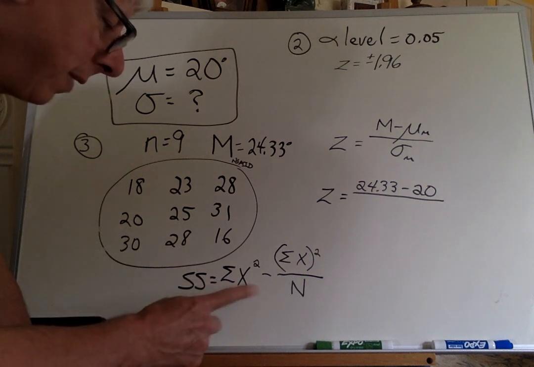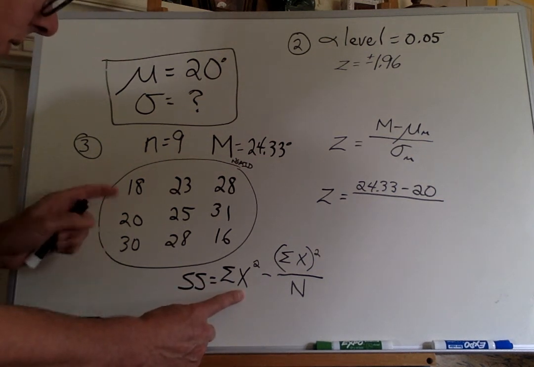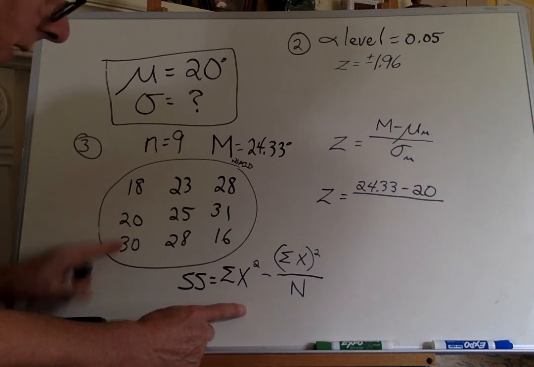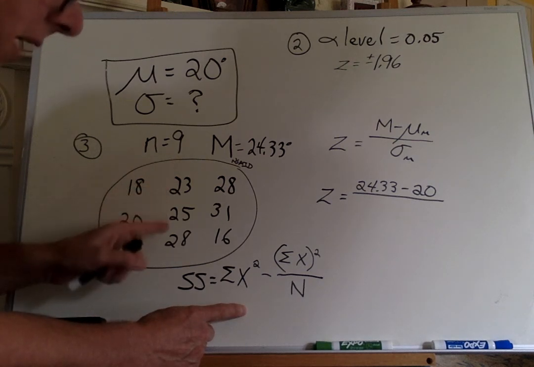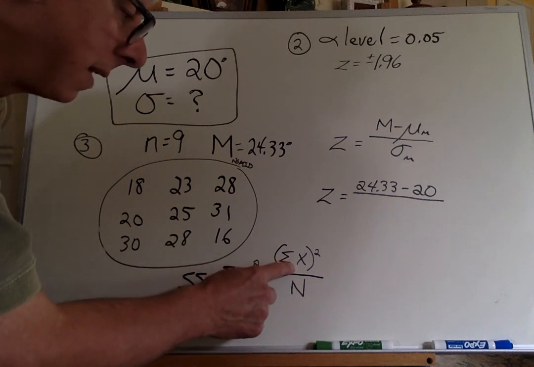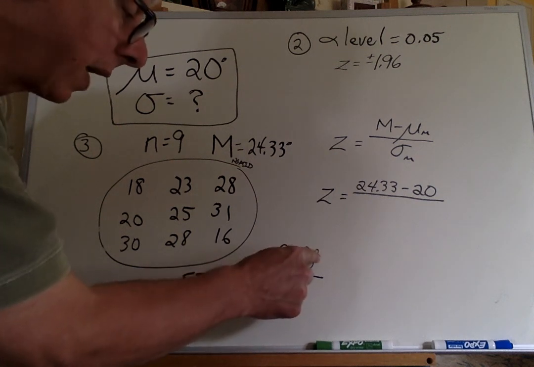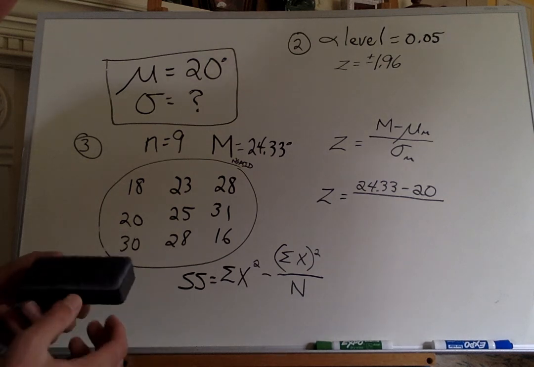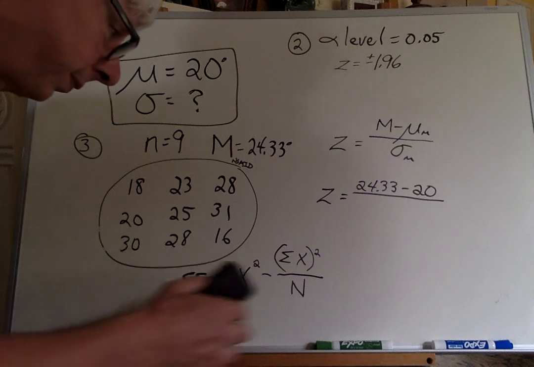Remember, this one we're squaring each number first, 18 squared plus 20 squared, plus 30 squared, plus 23 squared, okay? This one, we add the numbers together, then square, divide by n, okay? So see if you can calculate that, and I'll pick up from there.